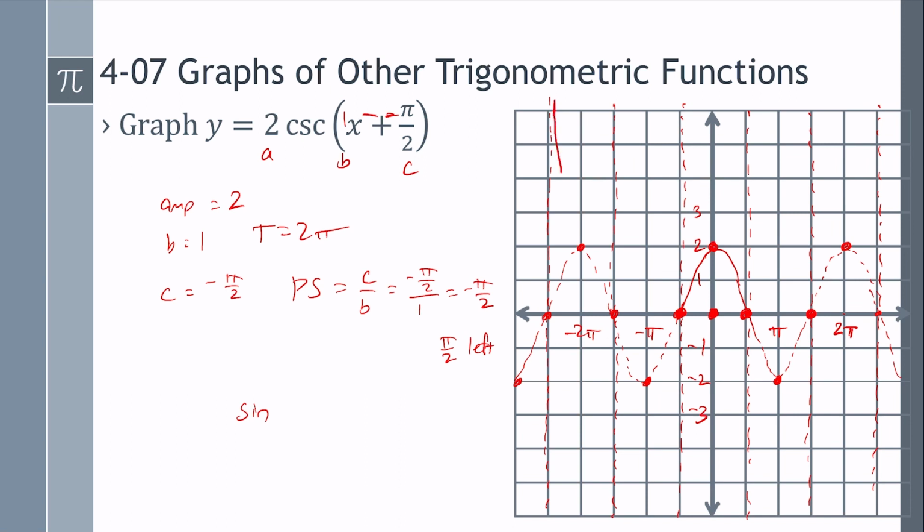Start near the asymptote, go down, hit the graph of sine. Need the one on the edge too. It's only half there.